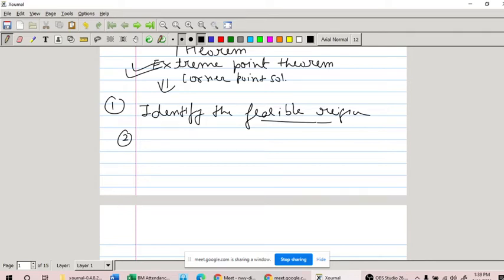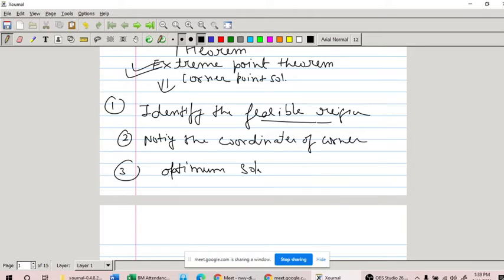Now step 2 is about noting the coordinates of the corner points, and in step 3 you will look for the optimum solution which you get by putting these coordinates into your objective function.